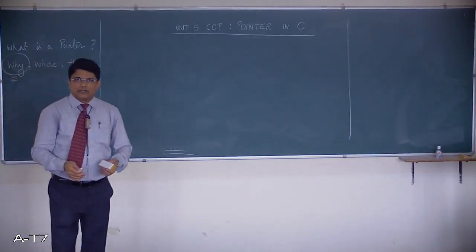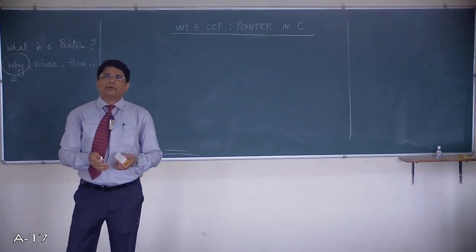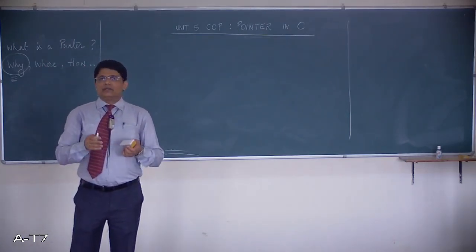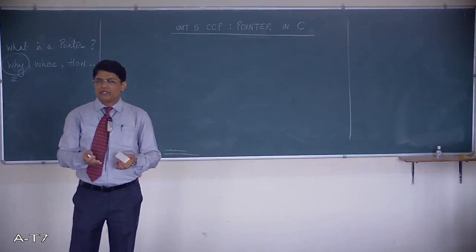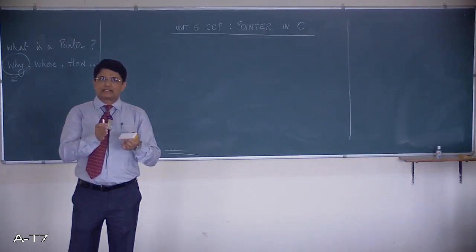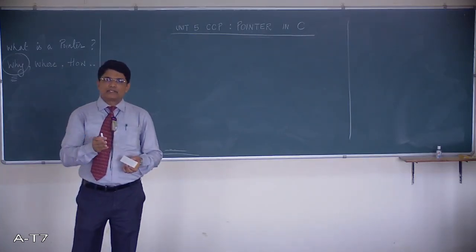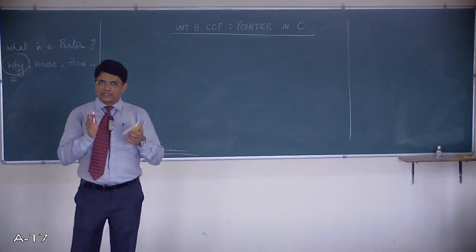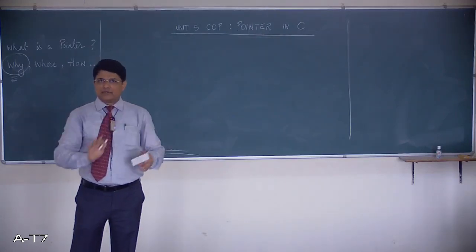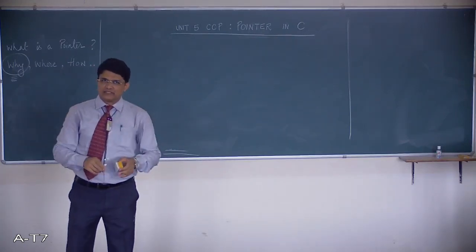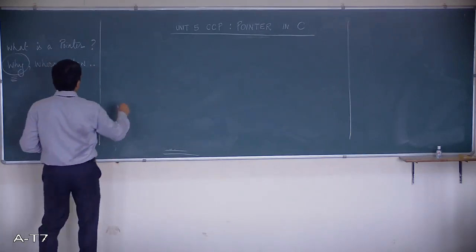What exactly is a pointer? Very simply put, a pointer is a variable that stores the address of another variable. Isn't it simple? A pointer is a variable which stores the address of another variable. A very small definition.